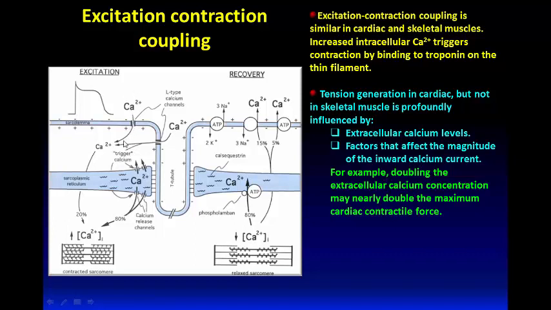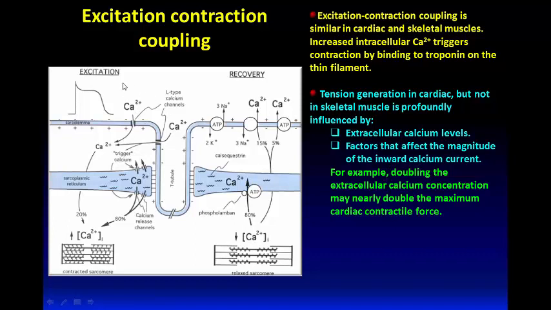space. So tension generation in cardiac muscle cells, but not in skeletal muscle cells, is profoundly influenced by the extracellular calcium levels and also by the factors which influence the magnitude of the inward calcium current.